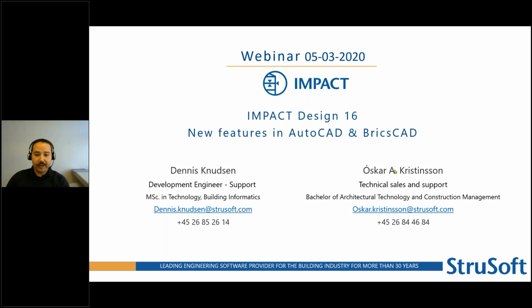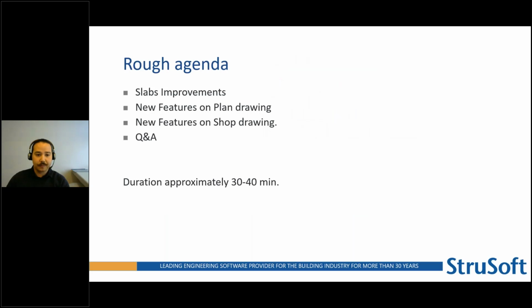So the rough agenda in this webinar is split into three areas: the new slab improvements in Impact 16, new features we have on the plan drawing, and new features we have on shop drawings. After these three subjects, there will be time for questions if anyone has any.